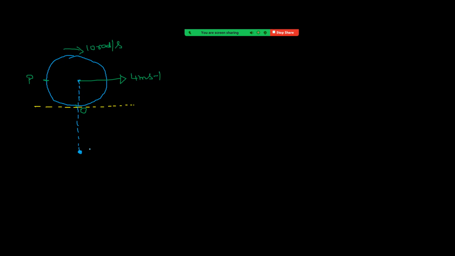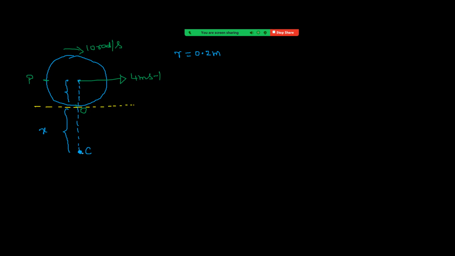This is the instantaneous axis of rotation. Then see carefully. Radius is given 20 centimeter, which is equal to 0.2 meter. Suppose this total distance is equal to x, or let us take from here, it is equal to x, and this is 0.2.